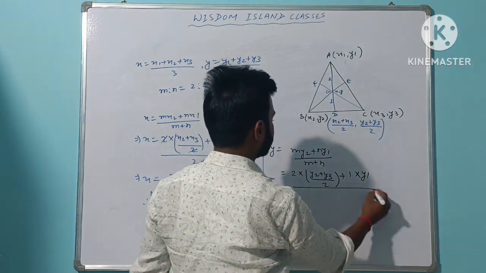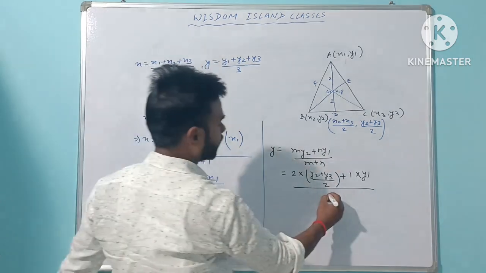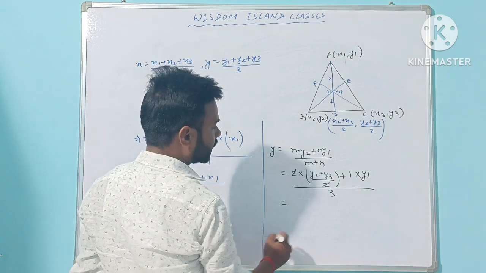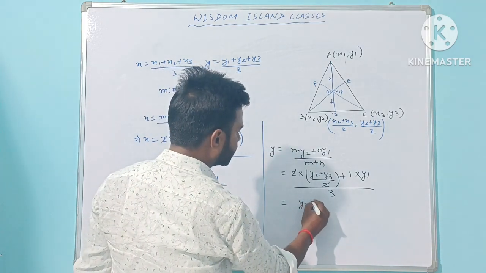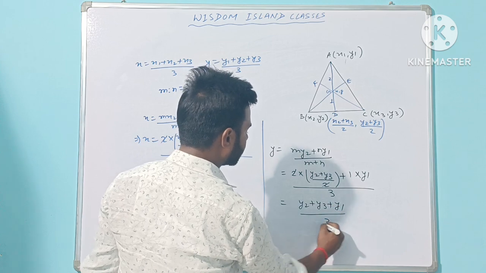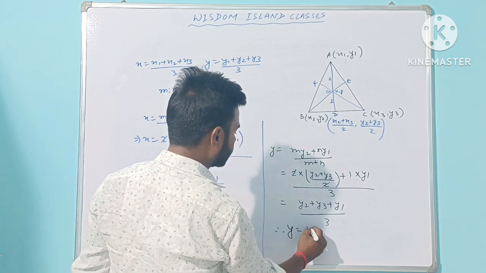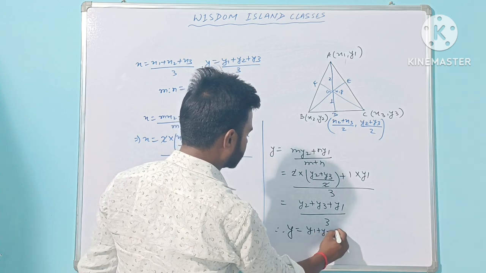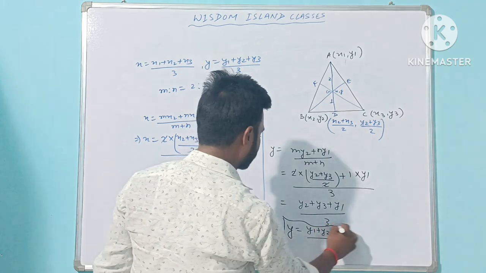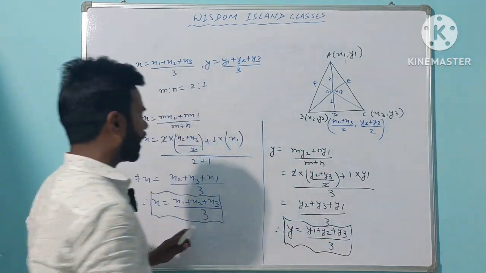All right, by m plus n, that is 2 plus 1, that is 3. Now the 2 will cancel out once again. Now what is left? y2 plus y3 plus 1 into y1 by 3. Therefore, y will be equal to y1 plus y2 plus y3 by 3. So this is the y coordinate of the centroid. That is what we had to prove.